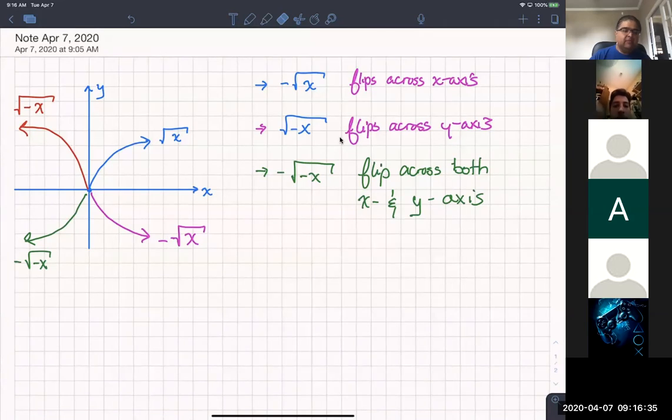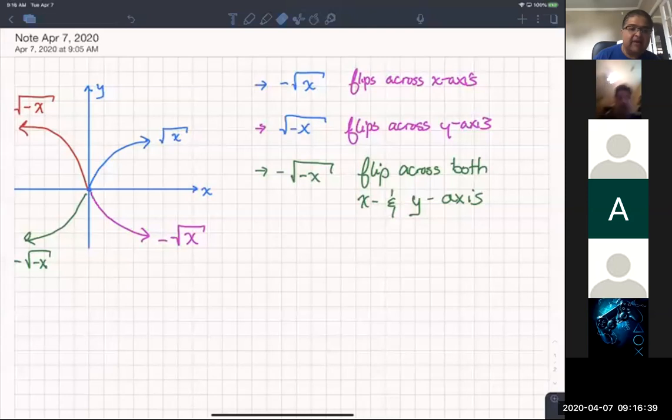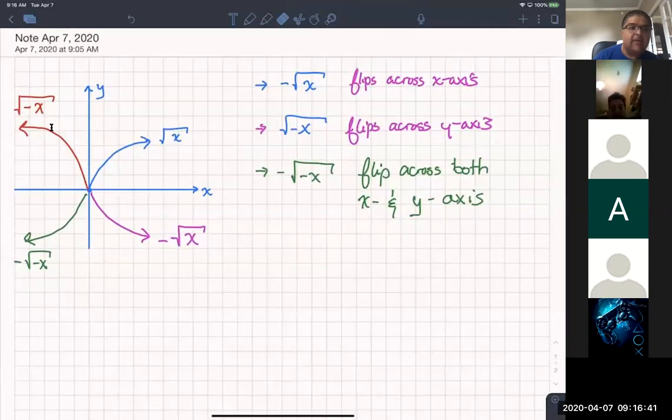Okay, so the first thing they talked about was, besides graphing, they talked about prime factorizations, what is a radicand, what is a square root, and what is a square root function. Okay, we already talked about prime factorization.